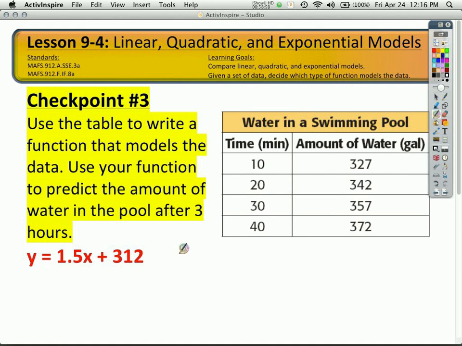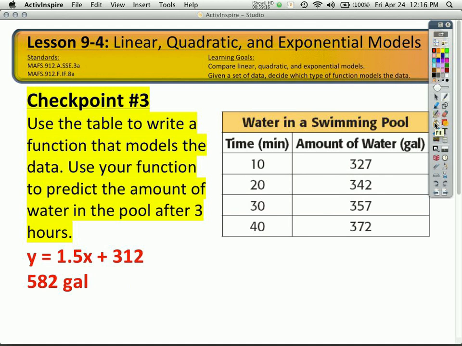Traditionally, we do not write slope in decimal or mixed number form, but in real world scenarios you can. And then unfortunately, if you didn't get that right, then you didn't get the second part right. So, Tristan, what was the amount? 582 gallons.